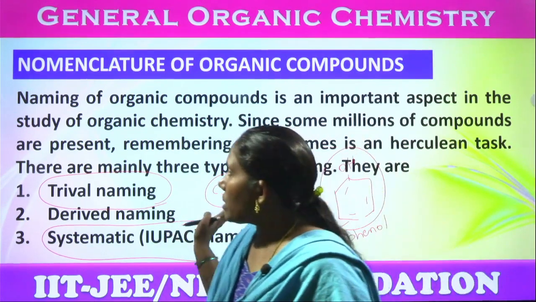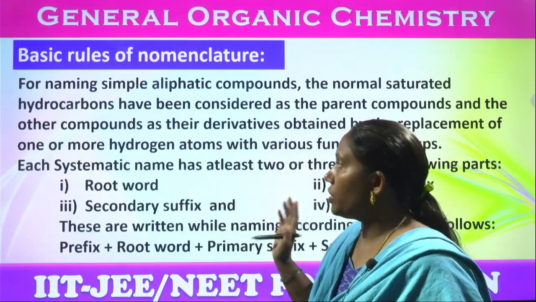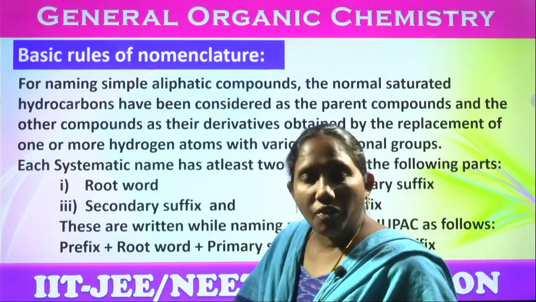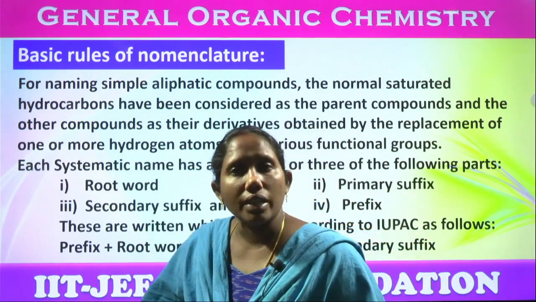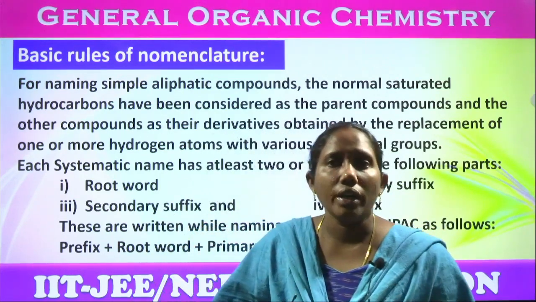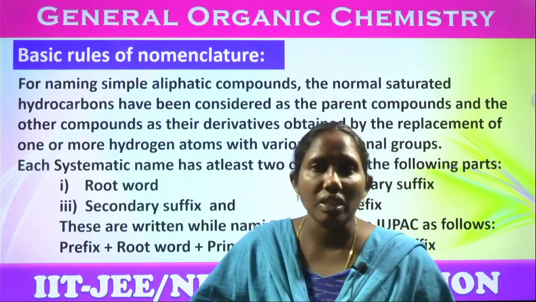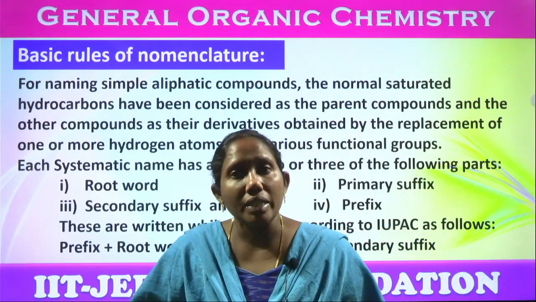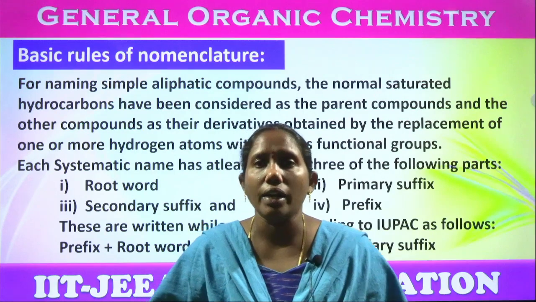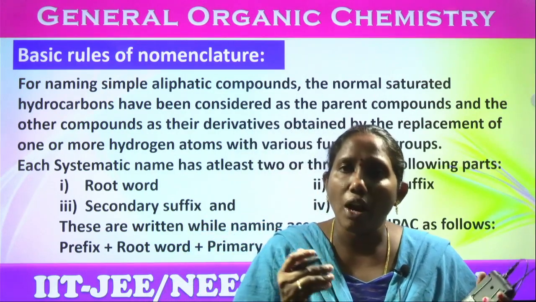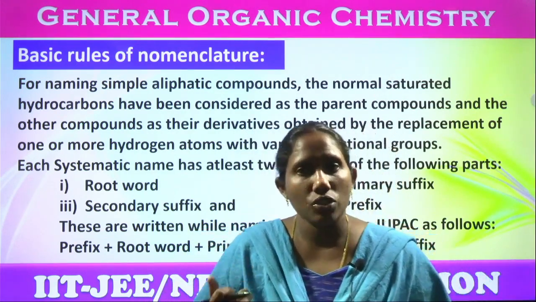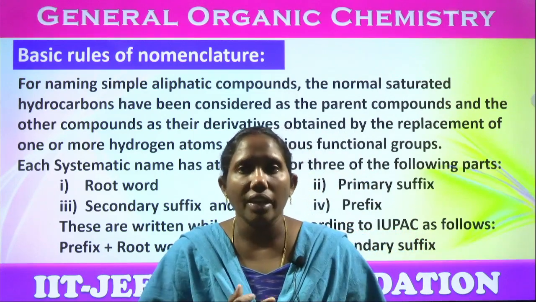The basic rules of this nomenclature are according to the systematic IUPAC rules. IUPAC means International Union of Pure and Applied Chemistry. They have proposed some rules, and based on those rules we are studying, right?